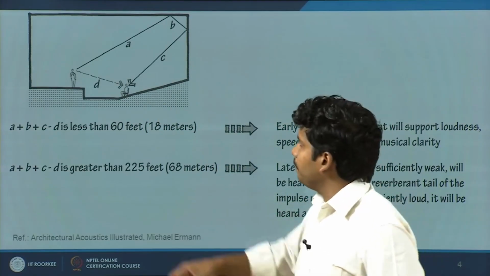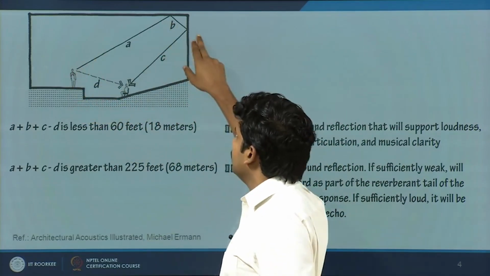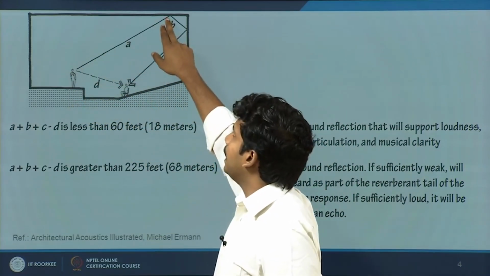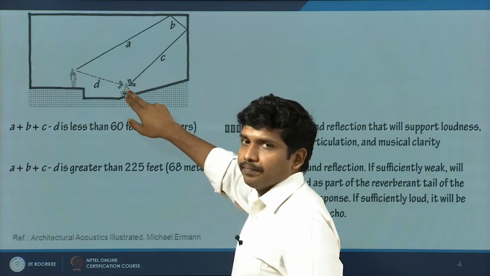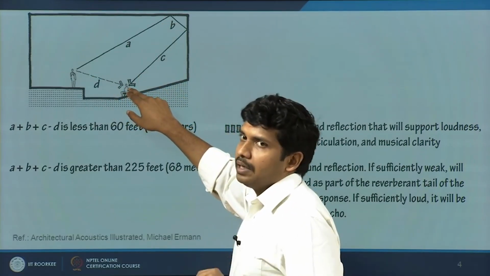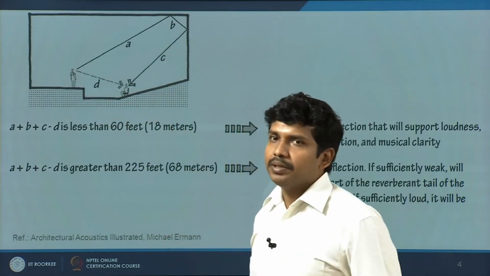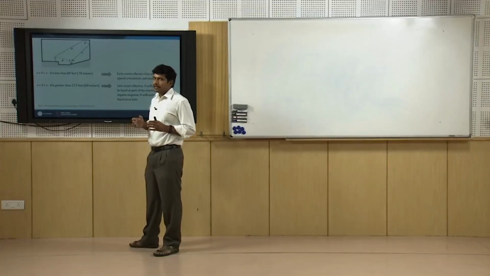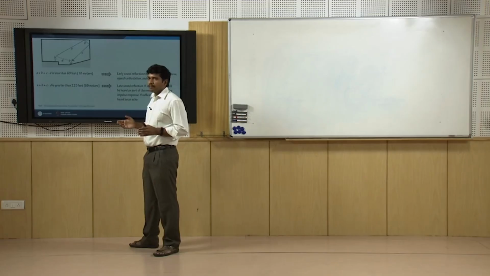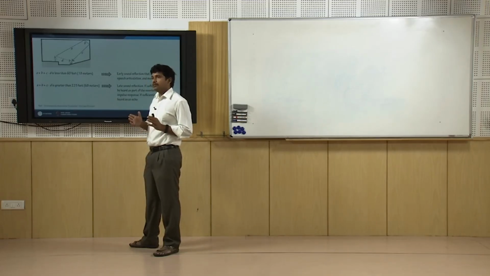Take the first reflection, which goes along path A, path B and path C. If this time is 20 milliseconds and this is, for example, 80 milliseconds, the time difference between them is 60 milliseconds.